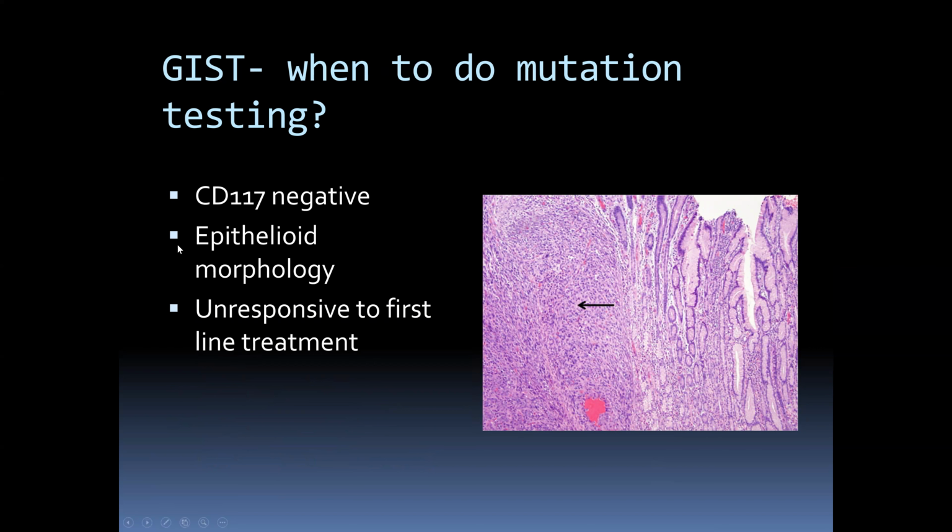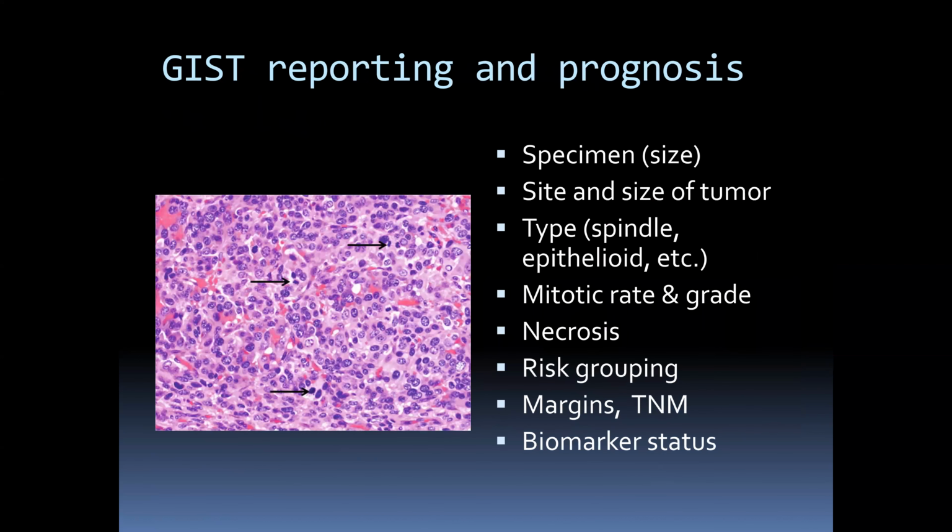If you have the epithelioid type morphology, that oftentimes warrants mutation testing. And of course, if your frontline, first-line treatment has failed, they progressed on that, then the clinicians will be clamoring on you to do mutation testing to see if they have a PDGFRA alpha type mutation.